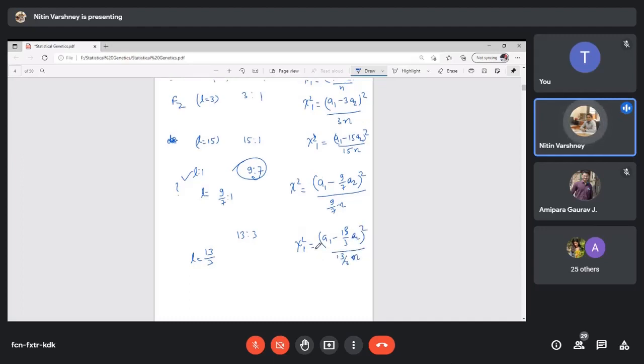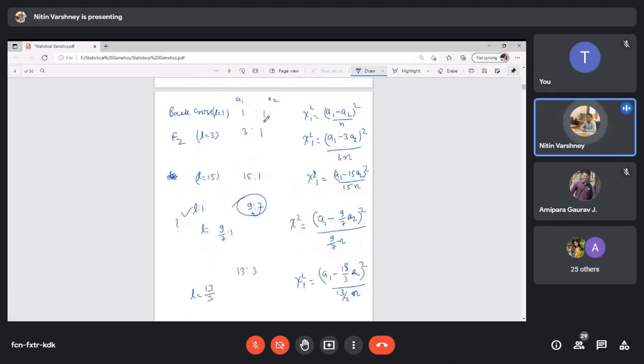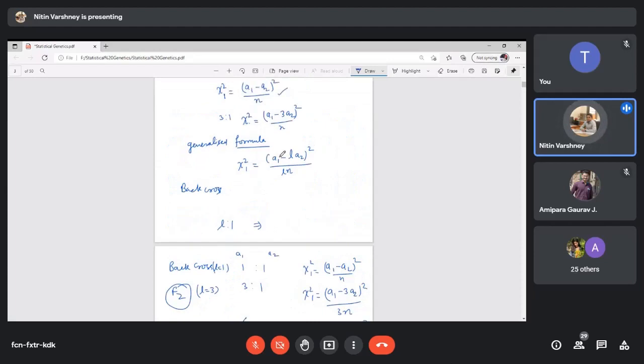So directly in the exam they can ask what will be the chi square in case of back cross, in case of F2 generation, and if the ratio is 15 is to 1, 9 is to 7, or 13 is to 3. So this is the general formula of chi square: (a1 minus l a2) whole square upon ln.